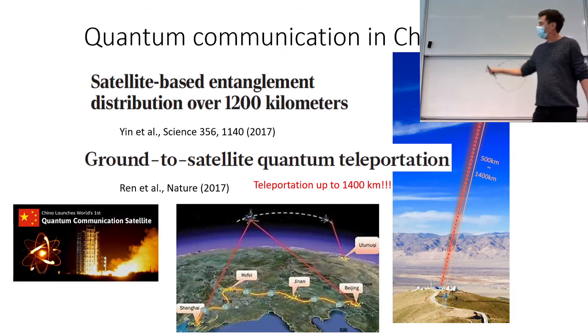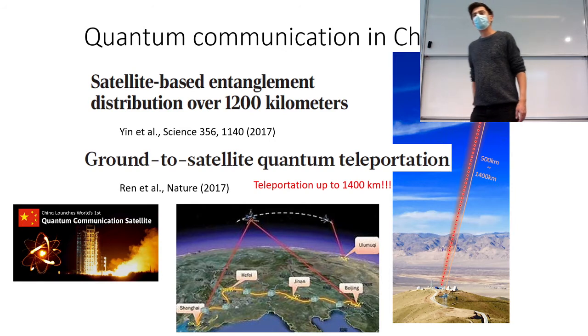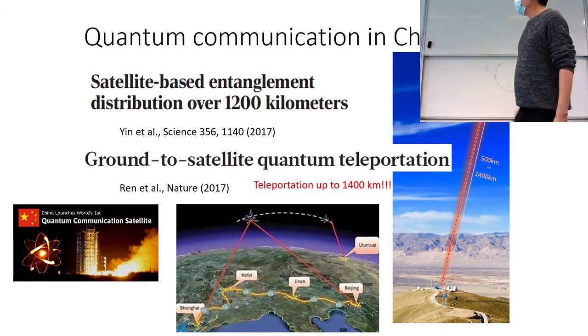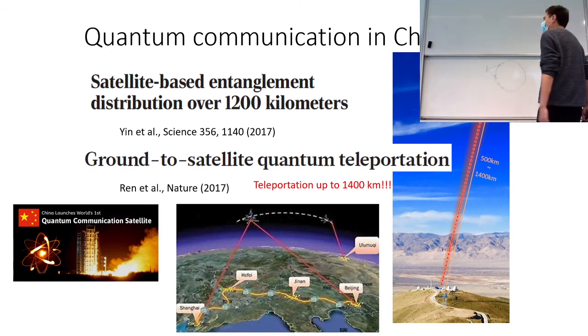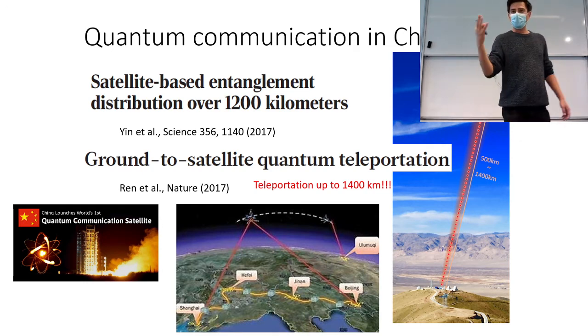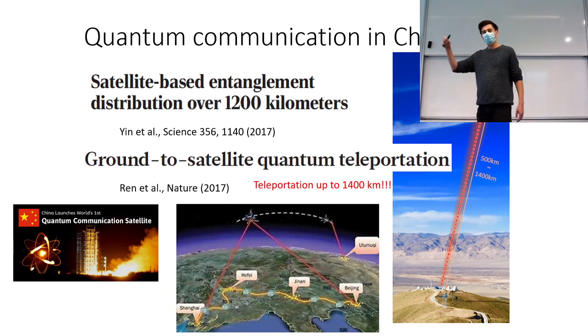In fact, the people that put together the satellite are just in Minhang campus of University of Science Technology China. I visited there and saw some of these results when they were first coming out. So there are really exciting things happening right here in the city.